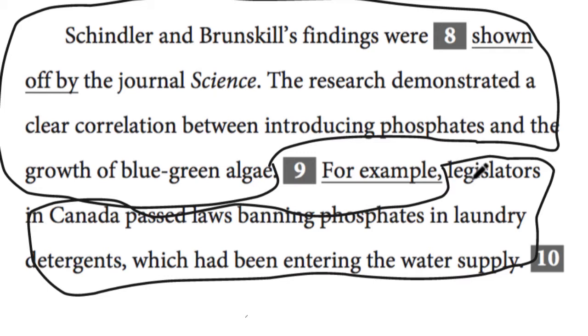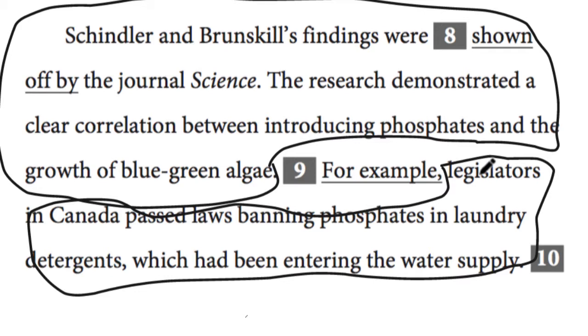Well, what's the relationship between these two ideas? One logical relationship is that after the research showed that introducing phosphates and the growth of algae are related, legislators chose to ban phosphates. That makes logical sense.